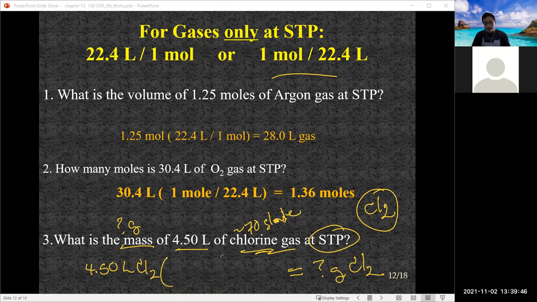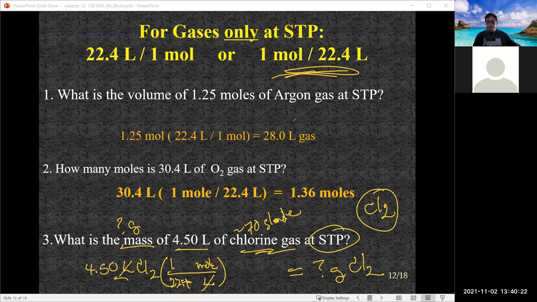If we're at STP and we have liters, just like we did in the previous example, we need to get to moles. So I need liters down here and moles up here. That is 1 over 22.4. That cancels my liters, and at this point I'm in moles of chlorine gas, which is where I want to be.